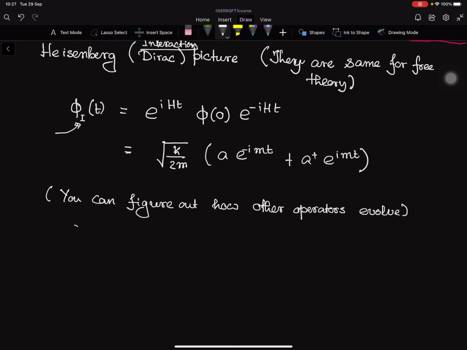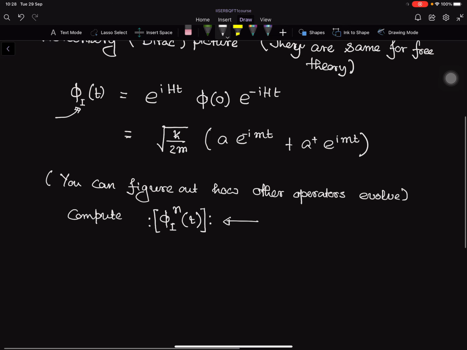So for example, compute phi_I(t) to the power n. Okay, this is homework.